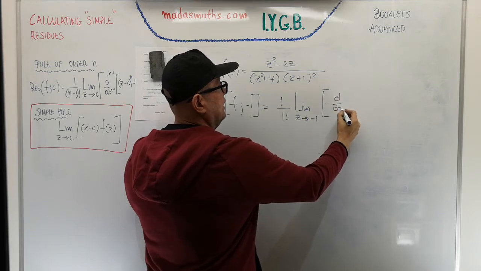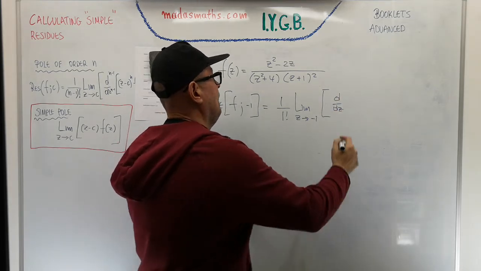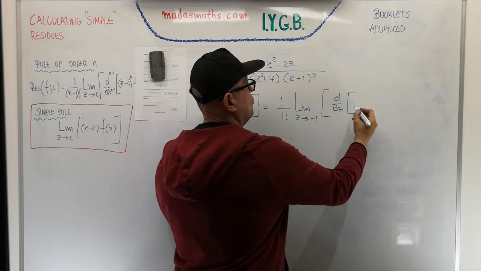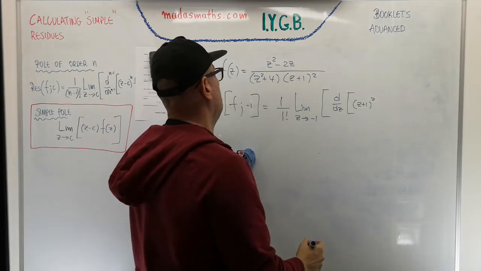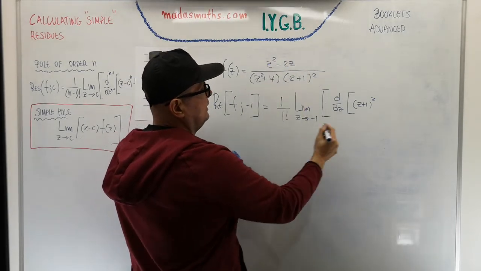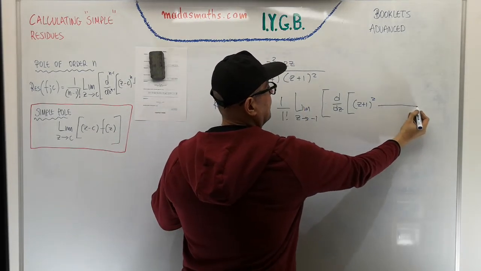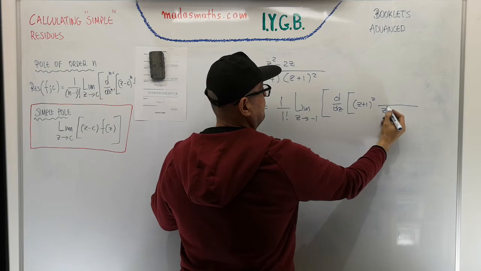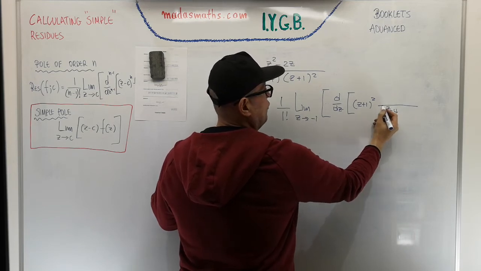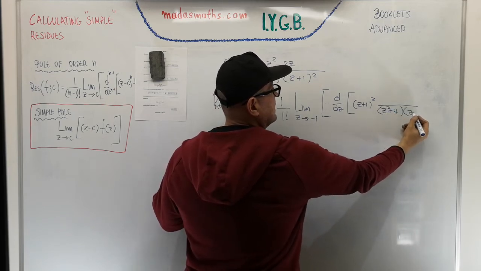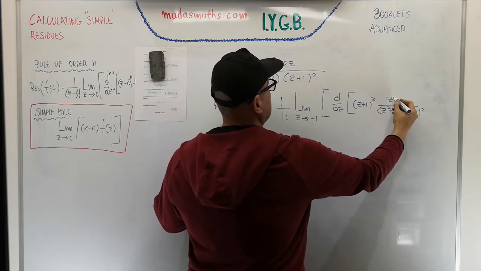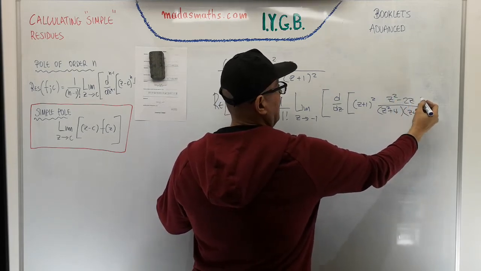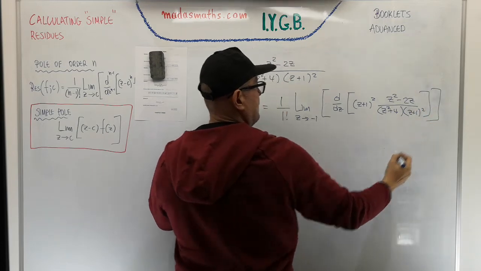d by dz, 1 differentiation. And then we got to do z plus 1 all squared times f of z, where f of z is all of this. So that's going to be z squared plus 4 over z plus 1 all squared, and on the top we've got z squared minus 2z, close bracket.